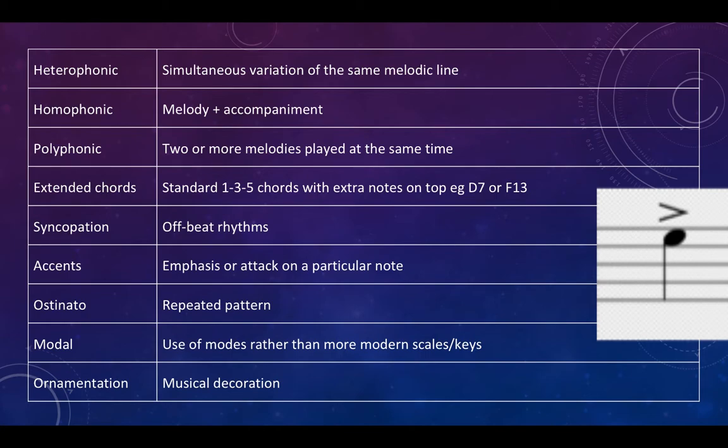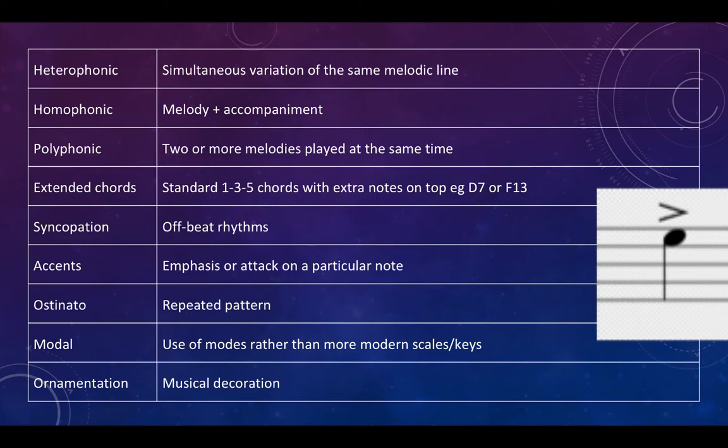The symbol is used to emphasize or put attack on a particular note or a series of notes without changing the overall dynamic of that piece or section. So it's literally, I could be talking along like this and go pow, and then I'll be back to my normal volume again. That's an accent.